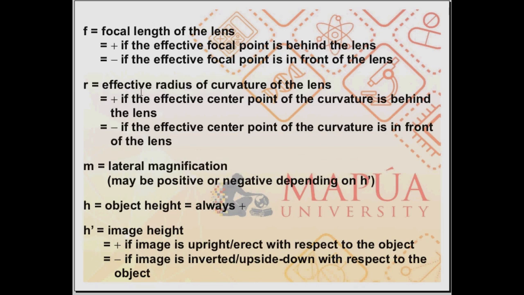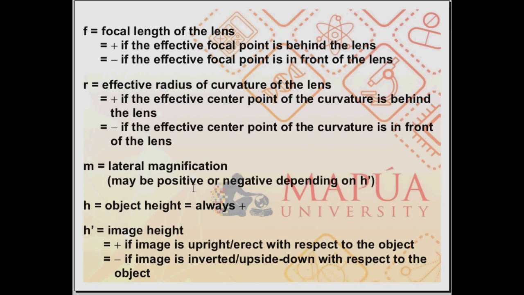The same goes for the effective radius of curvature of the lens. For many lenses, there are two radii of curvature. One of them is the effective radius of curvature as far as image formation is concerned. If the effective radius of curvature is behind the lens, r is positive, and negative if the effective center point or radius of curvature is in front of the lens.